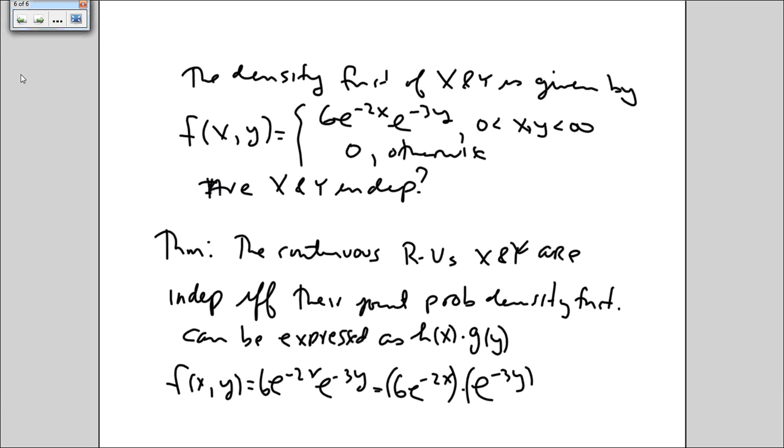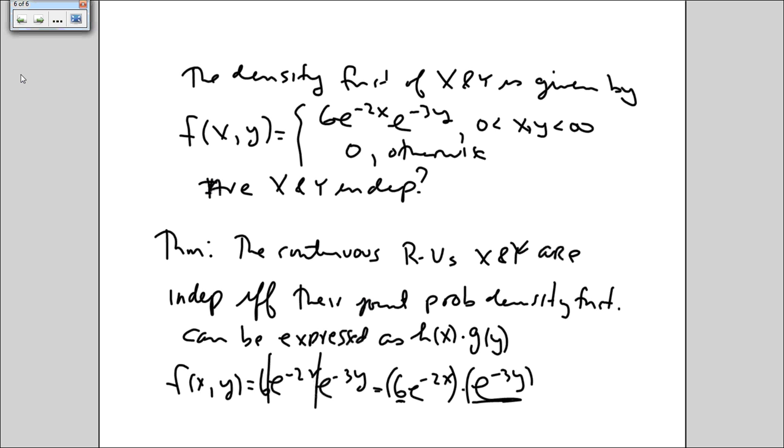Of course, I could have put the 6 into this function. The way you multiply those three factors is up to you. It's 6 times e to the negative 2x times e to the negative 3y.